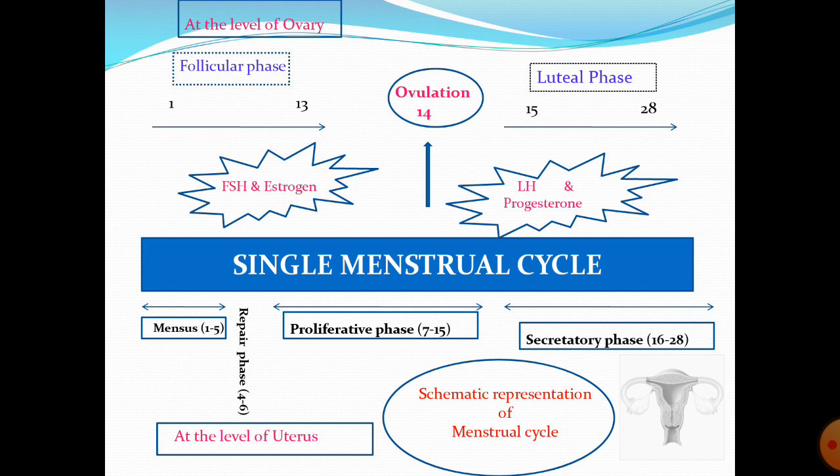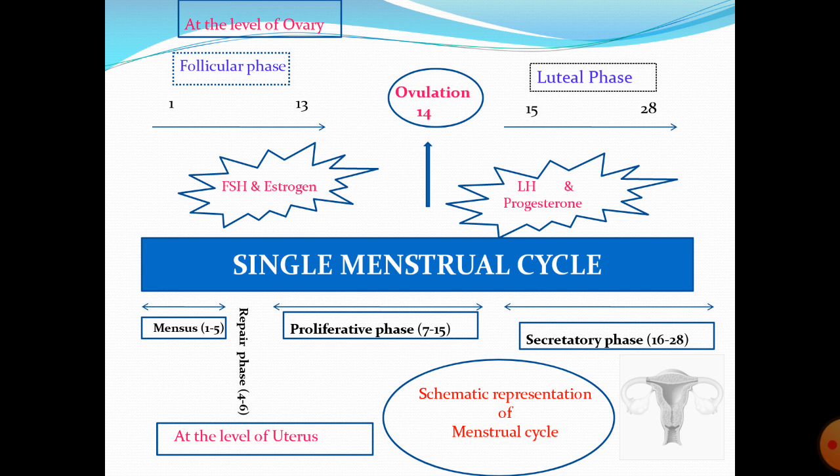Ultimately, it is the functionalis which is sloughed off during menstruation. One more background information you need to know is that the endometrium is supplied with two kinds of blood vessels. Number one, straight arterioles that supply the basalis, and spiral arterioles that supply the functionalis.